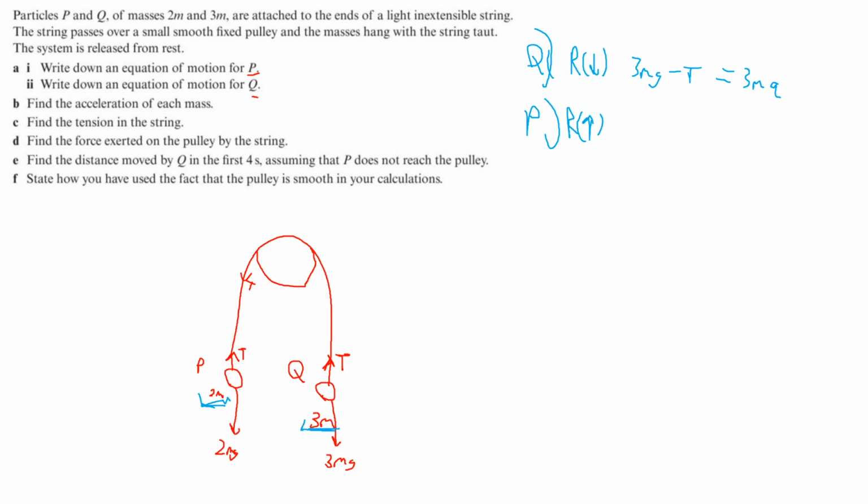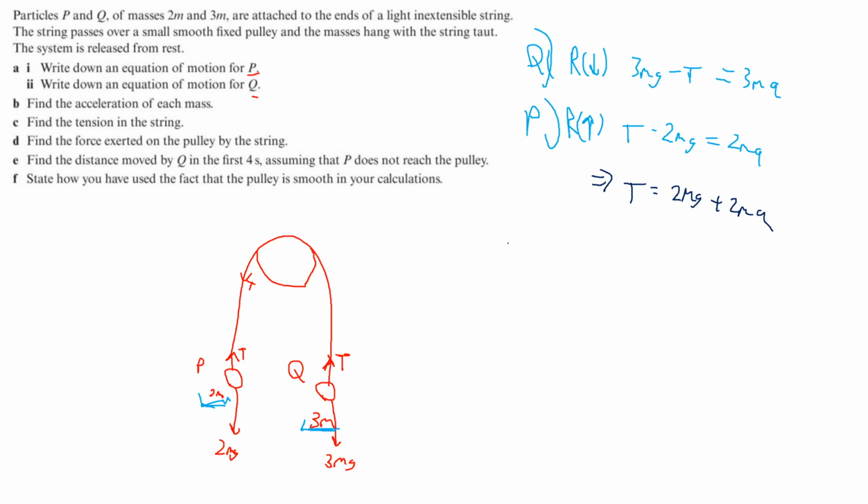And so T minus 2mg is equal to 2ma. Now what we need to do is solve these simultaneously. So let's make T the subject for this equation. T is equal to 2mg plus 2ma. And now all we need to do is make a the subject.